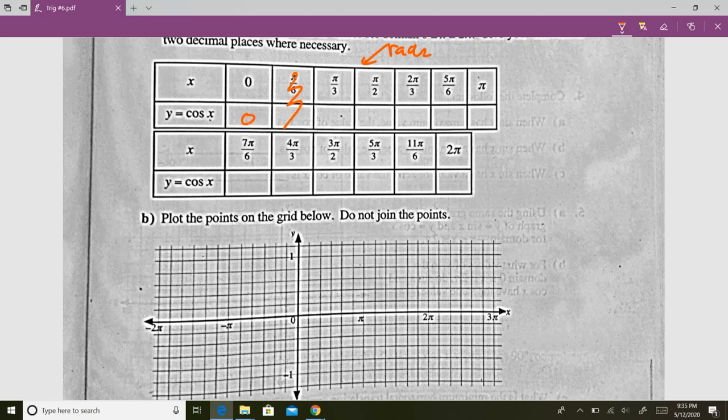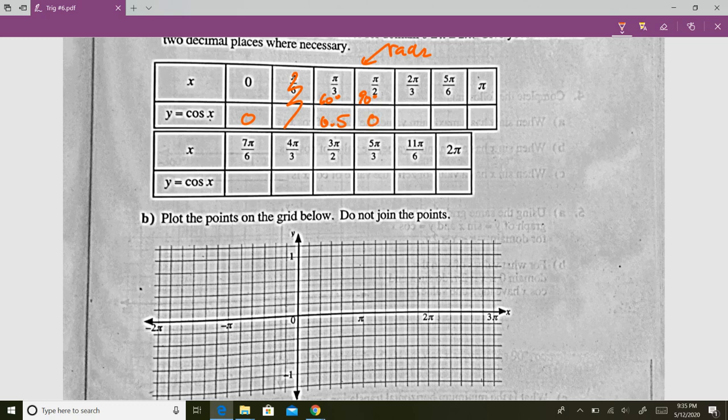We're not going to do pi over 6. Pi over 3, which is anybody? 60 degrees. If you do cos of 60, you'll get 0.5. Pi over 2, which is 90 degrees. If you do cos of 90, you will get 0.